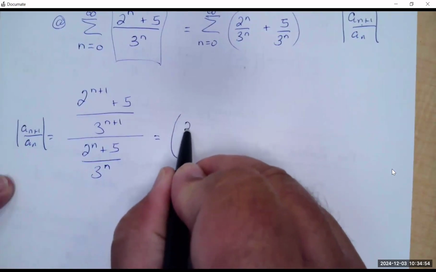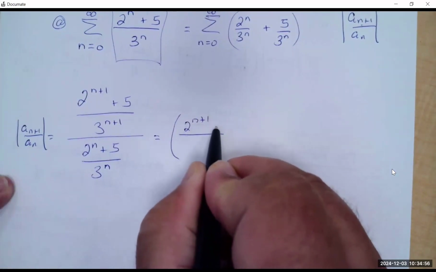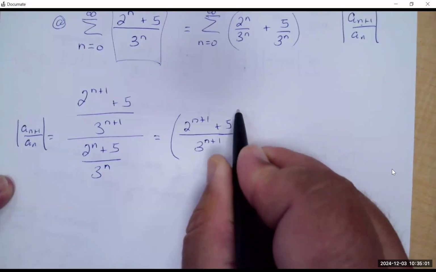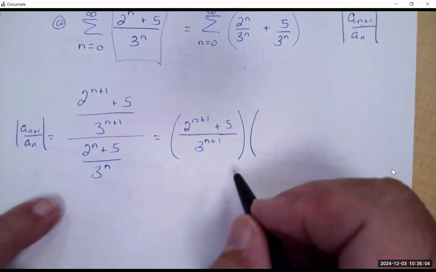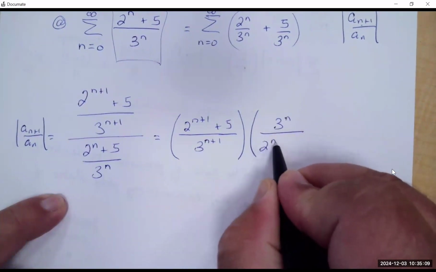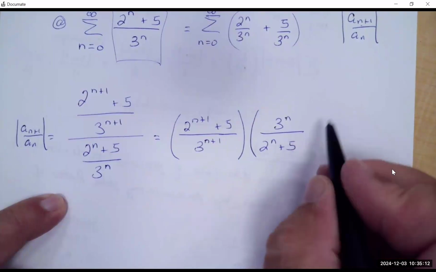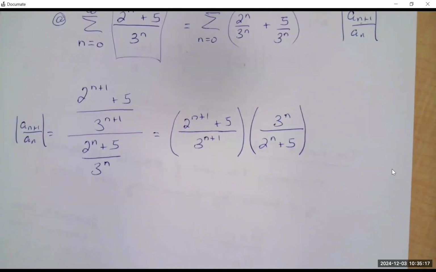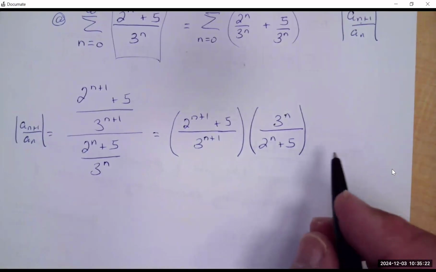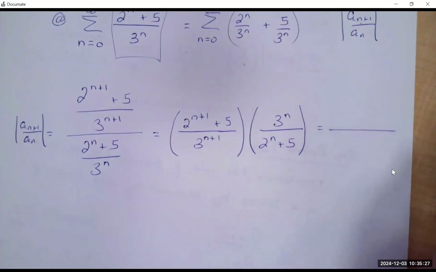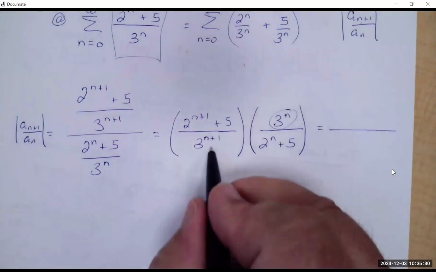I have (2^{n+1} + 5) over 3^{n+1}, times the flip of the bottom. Let's get the threes together.